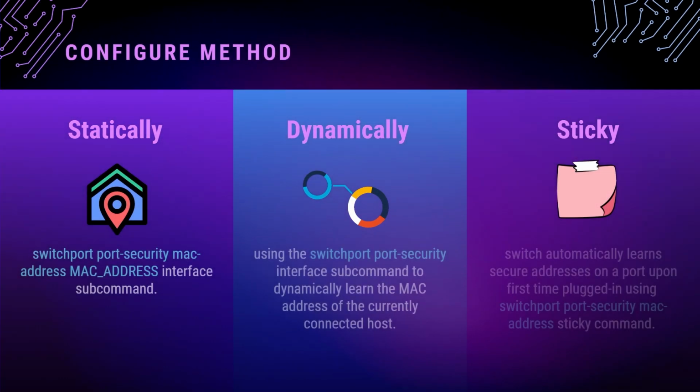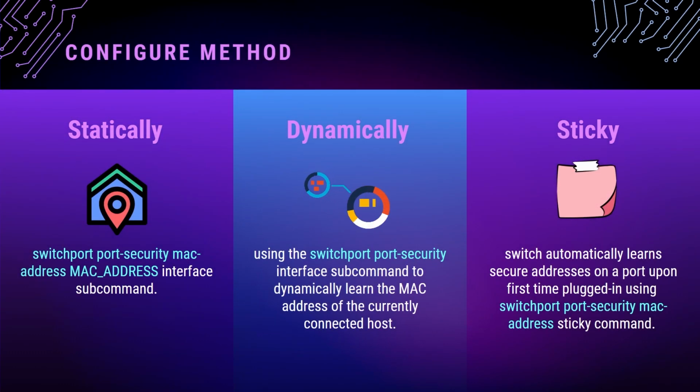Configure method. As we can see, there are three methods to configure, and the first is statically. Statically is switchport port-security mac-address using an interface subcommand, and the second is dynamically. Dynamically is using the switchport port-security interface subcommand to dynamically learn the MAC address of the currently connected host.